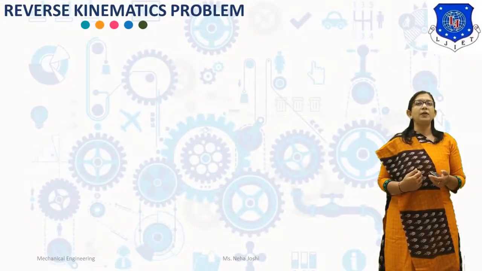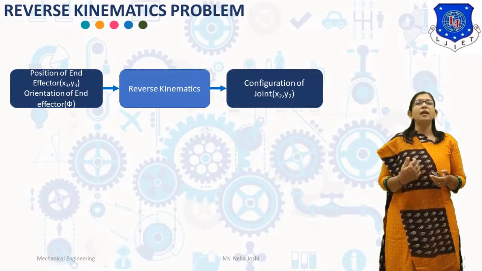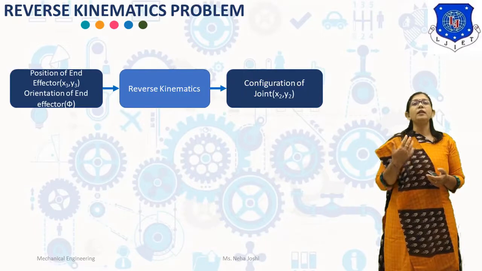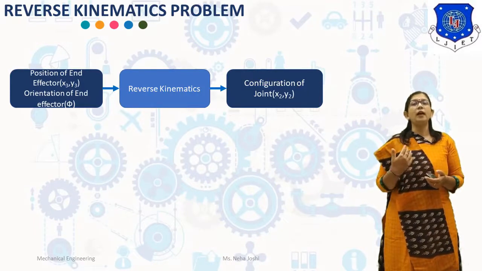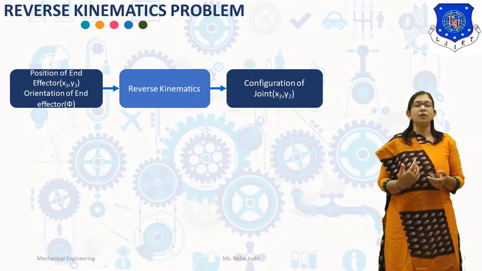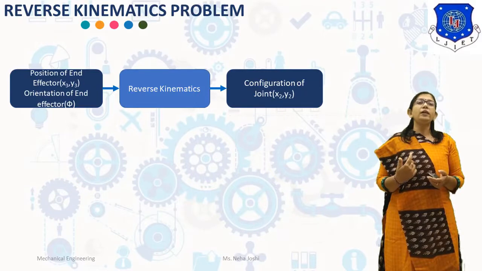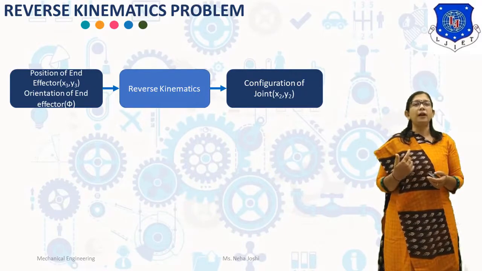Now, what is the reverse kinematic problem? In the reverse kinematic problem, the configuration of the joints x1, y1 and x2, y2 and the joint angles theta 1, theta 2 and theta 3 are determined from the known parameters. The known parameters are the position of the end effector, that is x3, y3, and the orientation of the end effector, that is phi.